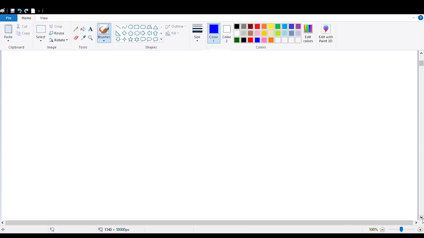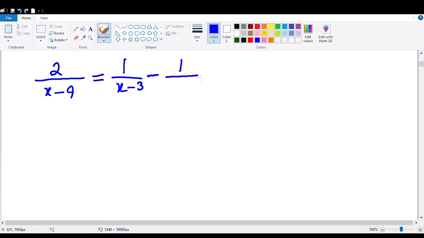Now let's solve another equation using the factorization method. So let's say we have 2 over x minus 9 equals 1 over x minus 3 minus 1 over x minus 4.